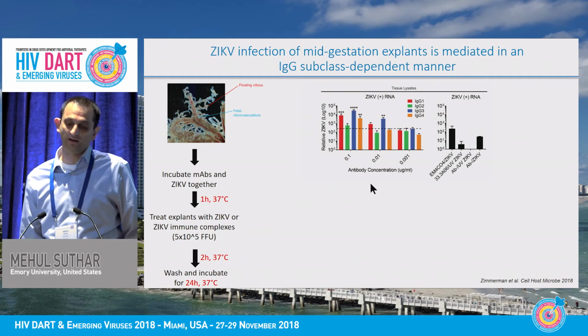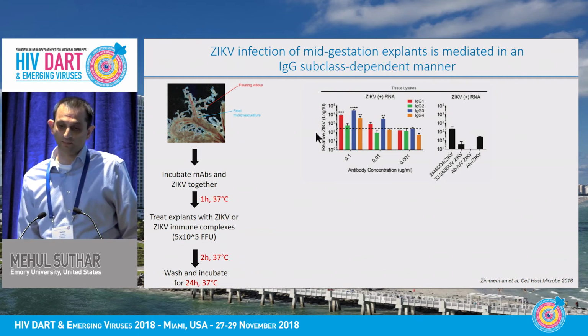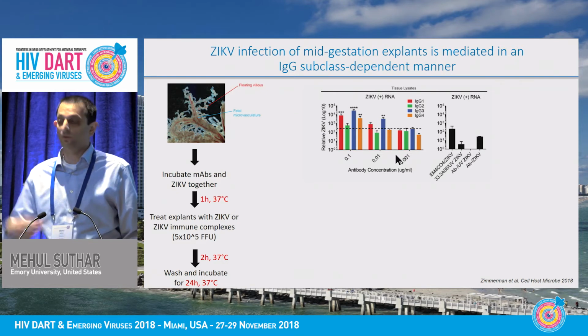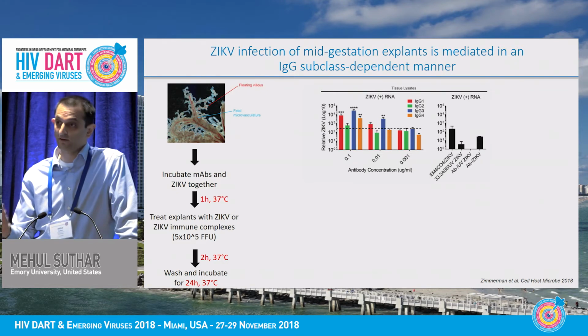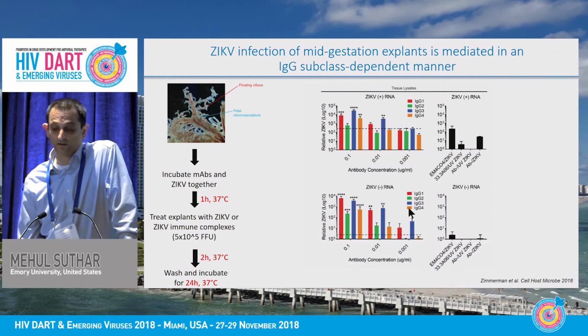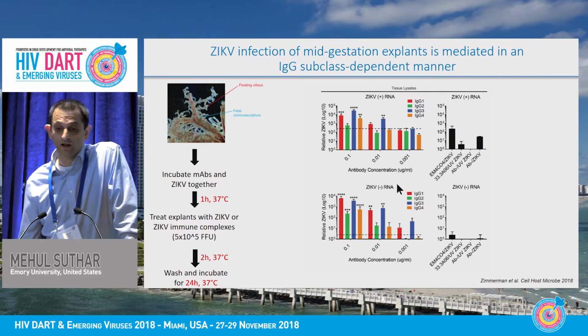And much to our surprise, we now see Zika virus replication within these placental explants in a dose-dependent manner, as well as in an IgG subclass-dependent manner, very similar to what we saw in the context of our Hofbauer cells. We can look at both plus-strand virus RNA as well as minus-strand, which is that replication intermediate.